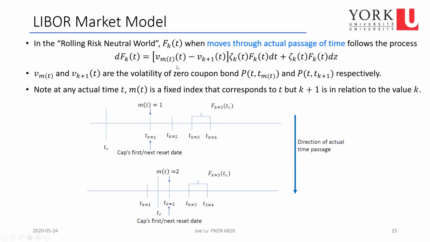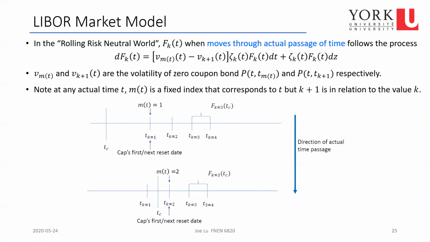For example, if k equals 3 and m is equal to 4, then F3T will follow a martingale process.